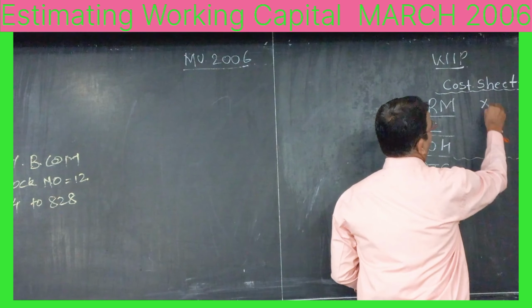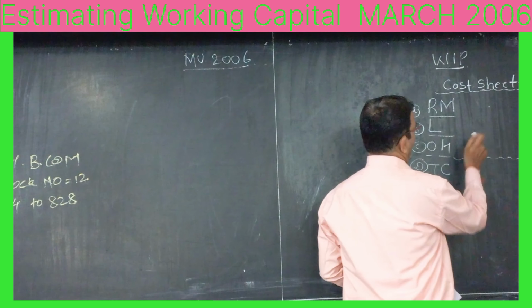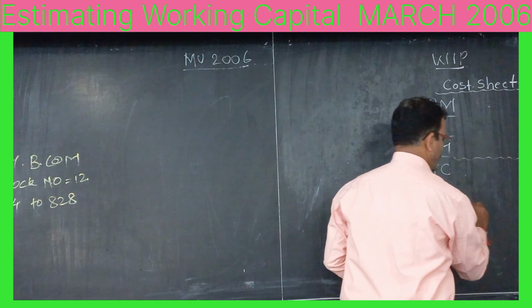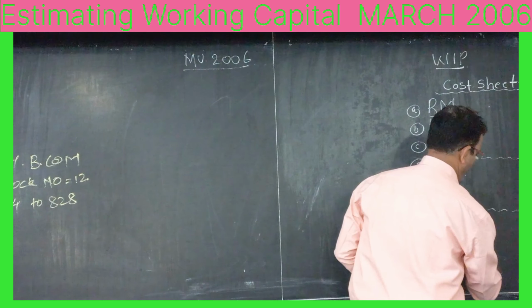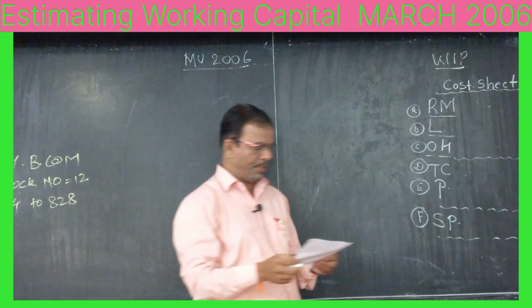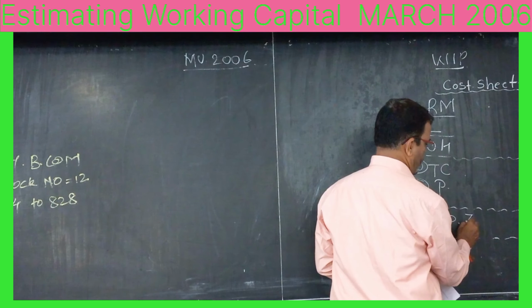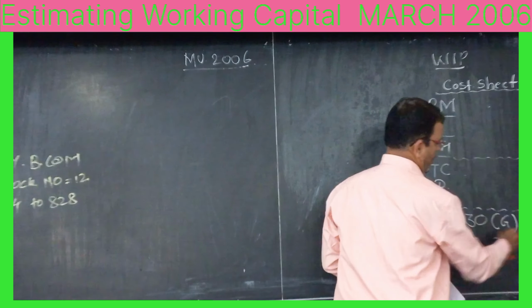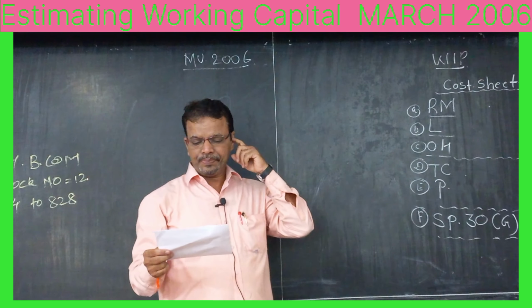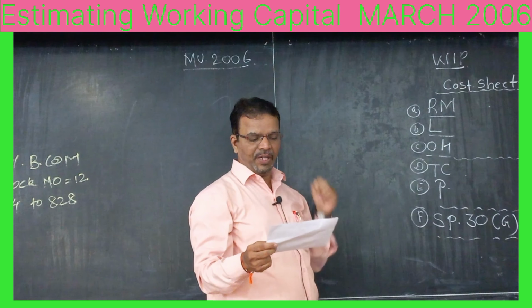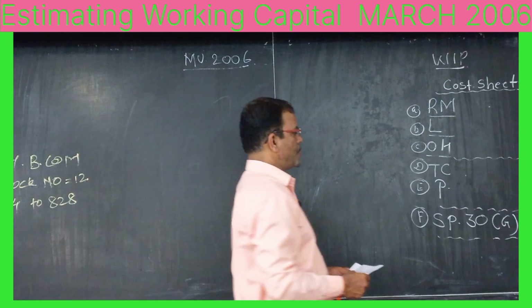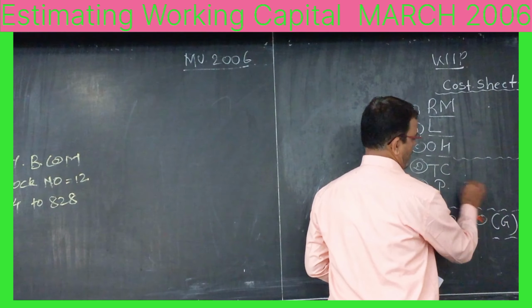So we have raw material, labor, overhead, total cost, and when we add profit we get the selling price. What is given to us? 30 is given, that is the selling price, G for given. And profit is given as 10 per unit.